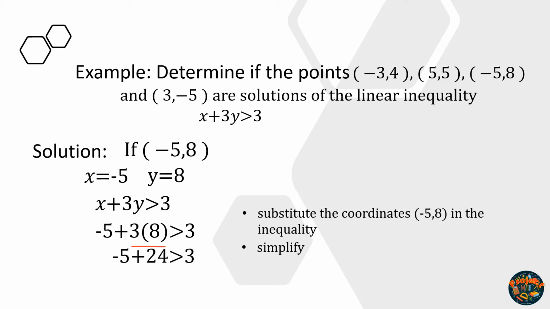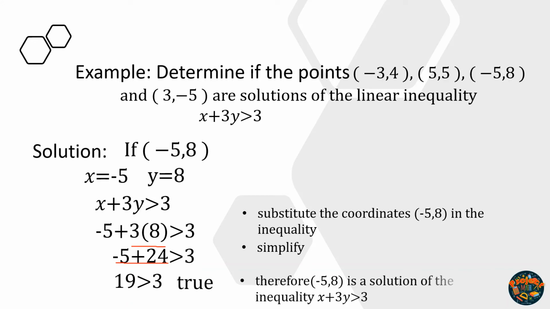So the inequality will become -5 plus 24 is greater than 3. Then combine these, unlike signs, so we have to subtract. So we have 19 is greater than 3. The inequality is true. So we can say that (-5, 8) is a solution of the inequality x + 3y is greater than 3.